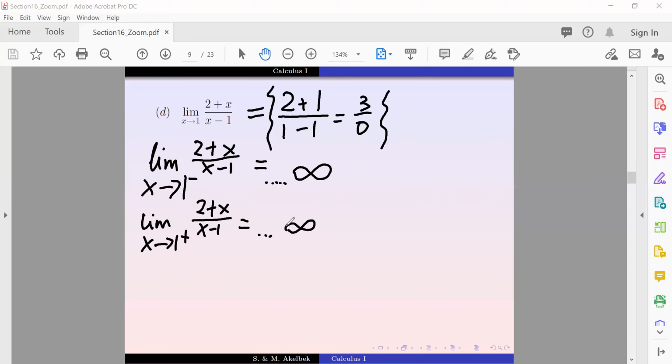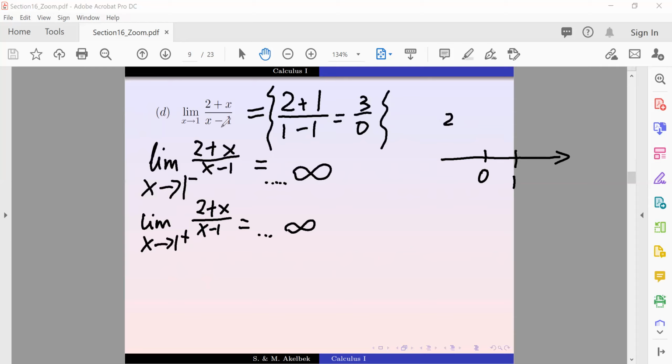To figure this out, we take a number and substitute. Look at the number line, 0, and we have 1. We need to take a number from the left side of 1. It can be a half, or it can be 0 as well, right? So I choose 0.